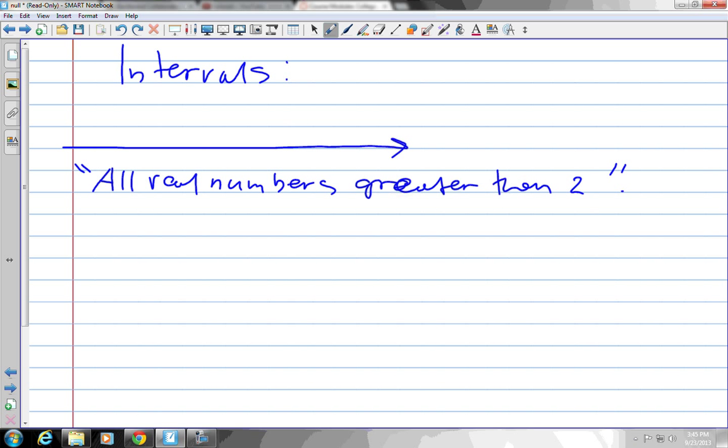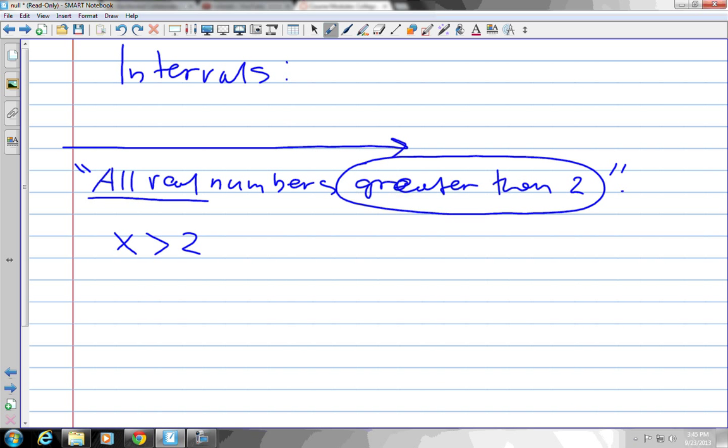Okay? We don't need to worry about that. We'll just assume real numbers, but mostly I'm worrying about the greater than 2 part. So basically x will represent real numbers, and every real number that we talk about right now should be greater than 2. That's the notation for greater than 2. Are you okay with that?